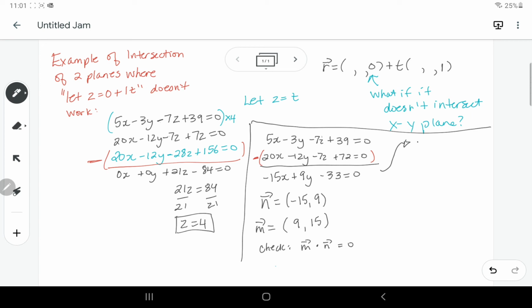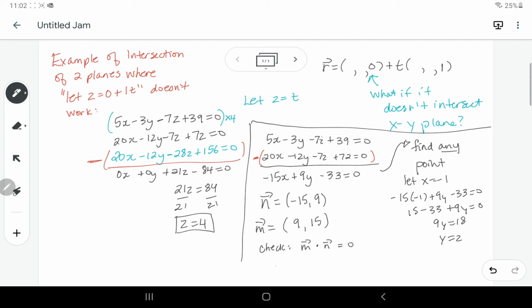So find any point. I'm just going to say let x equals negative 1 because I think that'll give us a nice y value. So 15 plus 9y minus 33 equals 0. So 15 minus 33 is negative 18, so 9y equals 18 and y equals 2.